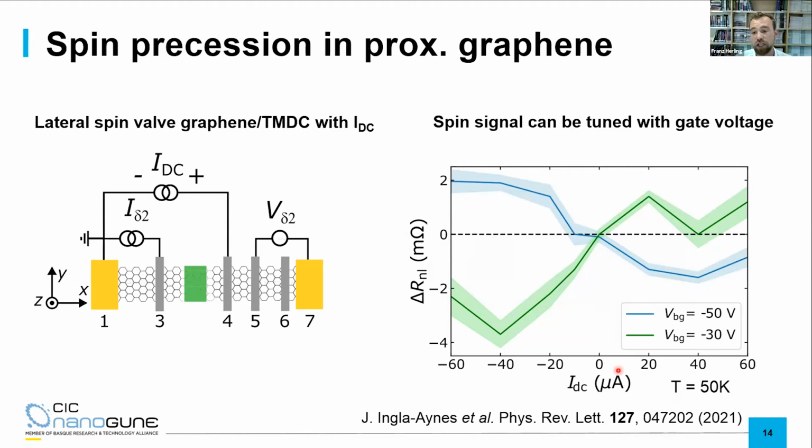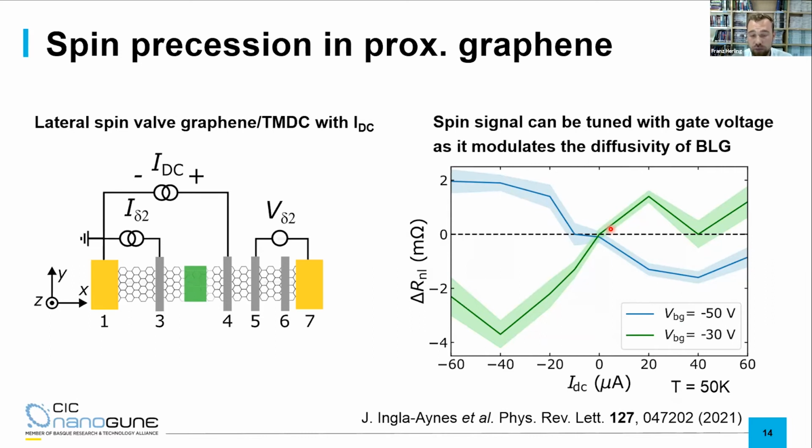And when we change the backgate voltage, what we see is that the value of the lateral spin valve signal also changes. And the reason for that is that the backgate voltage in bilayer graphene also changes the diffusivity. So essentially you can think about it as, with the backgate voltage, you also change the diffusion of the electrons in the channel.